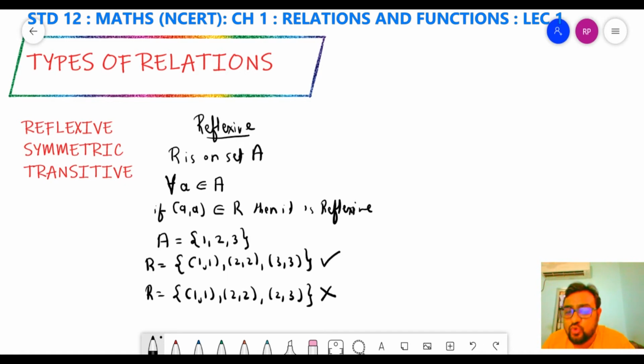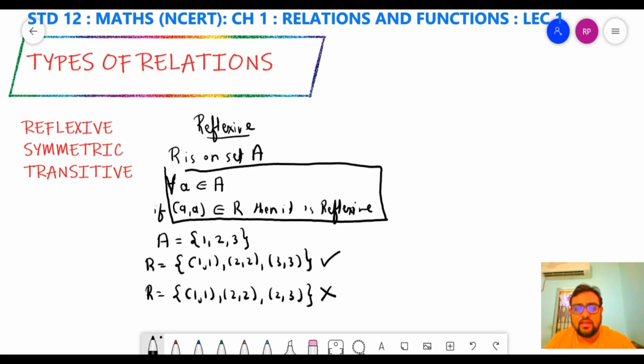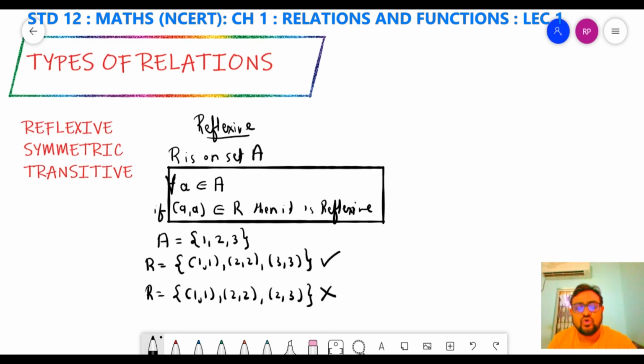Clear? So to prove whether a relation is reflexive or not, you have to prove that for every element a belonging to A, the ordered pair (a, a) belongs to R, then only it is reflexive. Clear? Now, if you want to prove that it is not reflexive, means opposite, right?